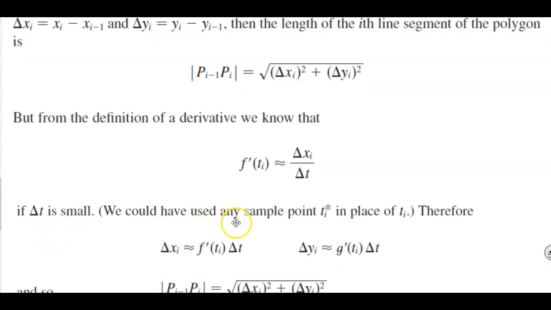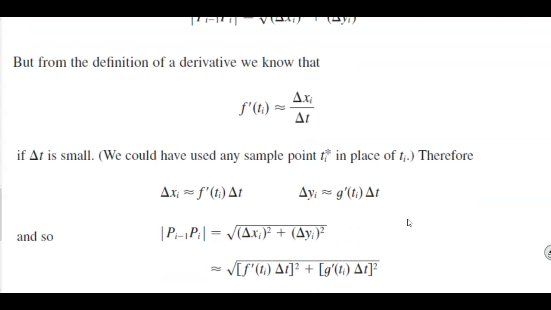We could have used any sample point t subscript i in place of t subscript i. So we can say that delta x subscript i is approximately f prime of t subscript i times delta t, and delta y subscript i is approximately g prime of t subscript i times delta t.